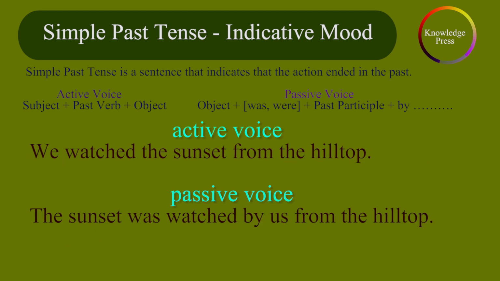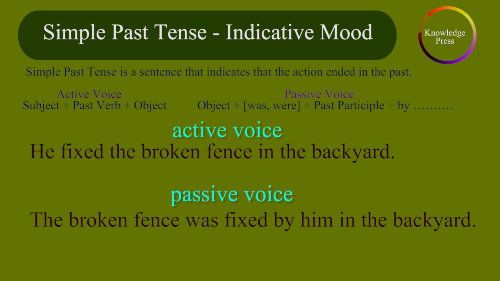Active voice: We watched the sunset from the hilltop. Passive voice: The sunset was watched by us from the hilltop. Active voice: He fixed the broken fence in the backyard.